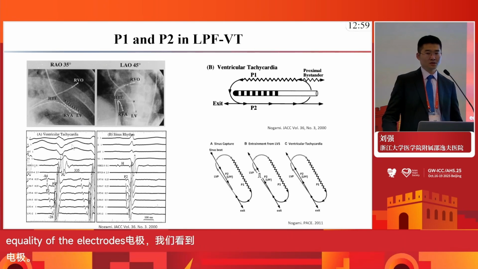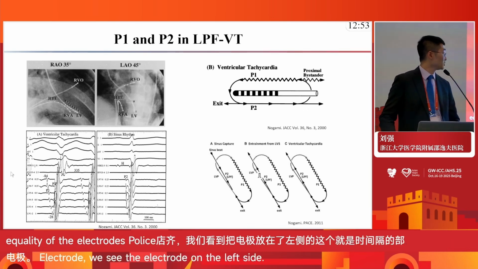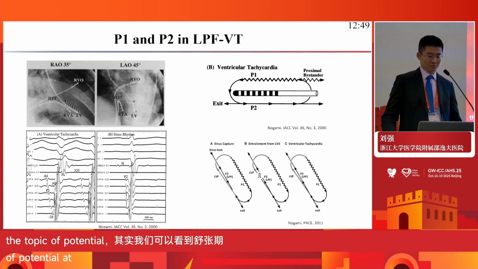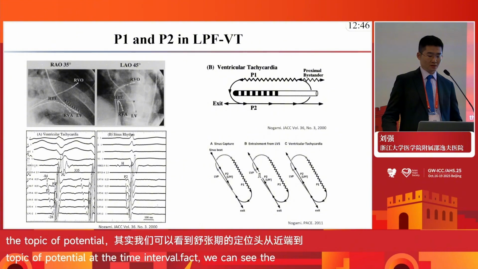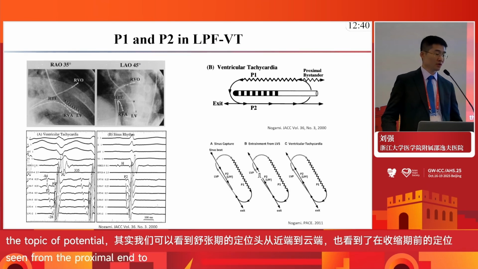During tachycardia, they could record a very clear diastolic potential with a sequence from proximal to distal, and a pre-systolic potential just ahead of the local V potential.